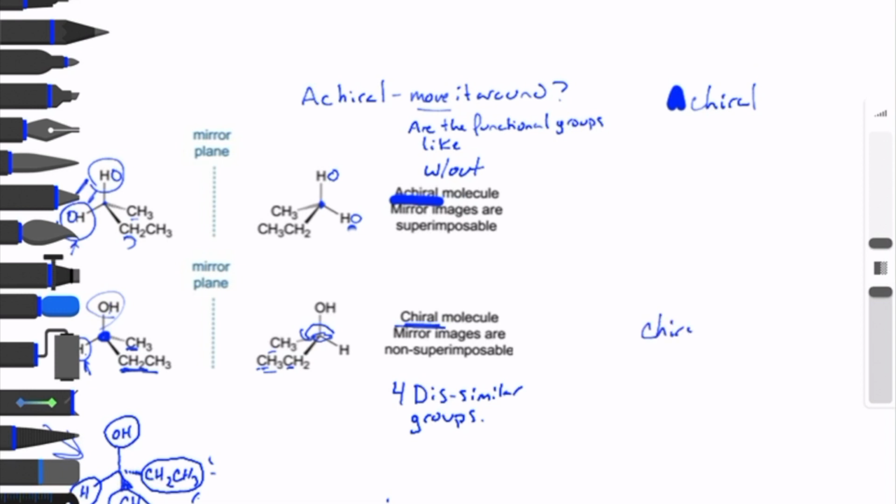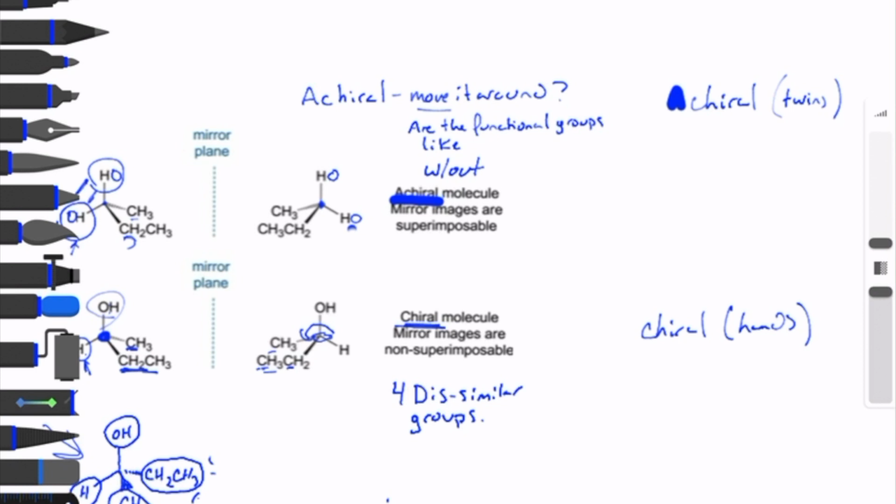Okay. Chiral, remember, is hands. And then achiral, I don't know, without hands, or bottle. Twins, right? We'll do twins.